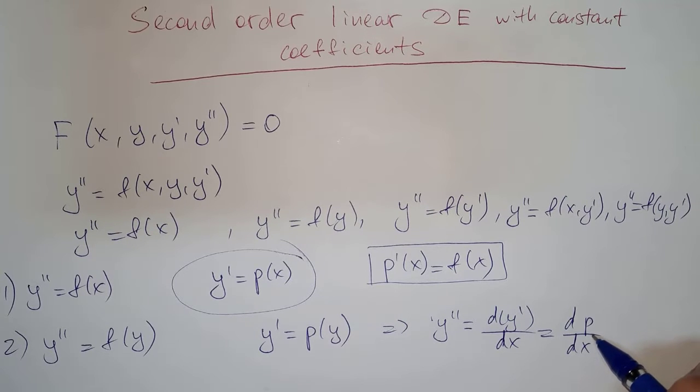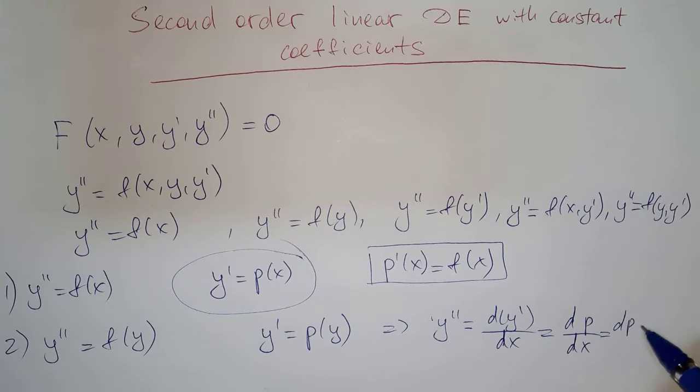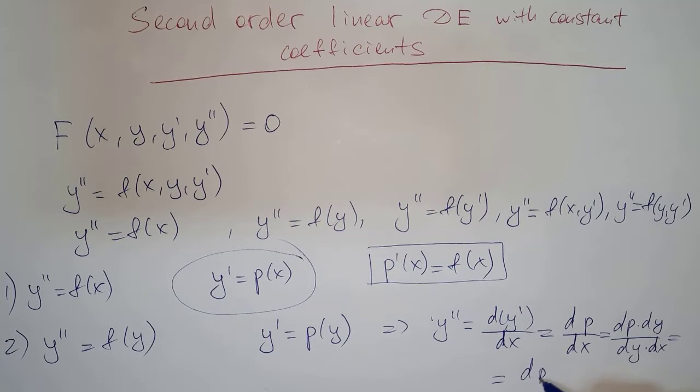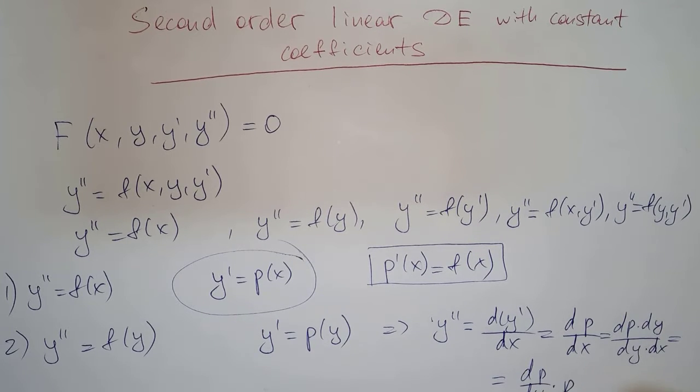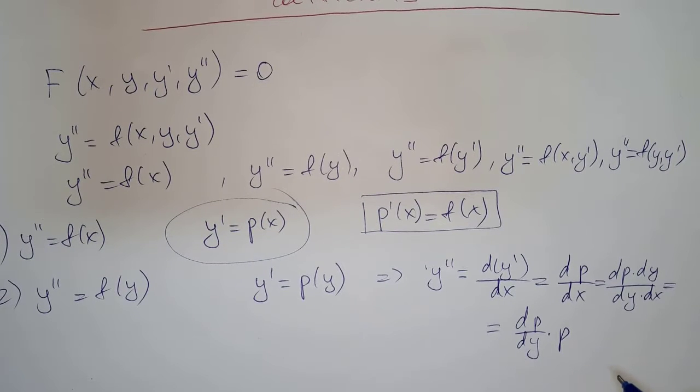However, p is a function of y, so it will be dp times dy over dy times dx, and we'll get just dp over dy times p.